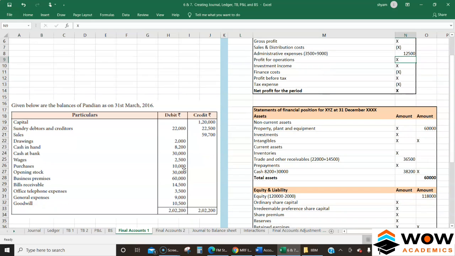And finally, we have goodwill. Goodwill is an intangible, so we can put a hyphen for goodwill. So goodwill comes to 10,500.